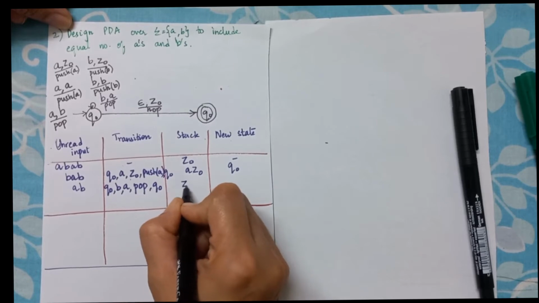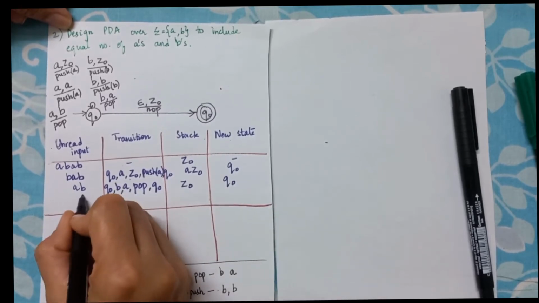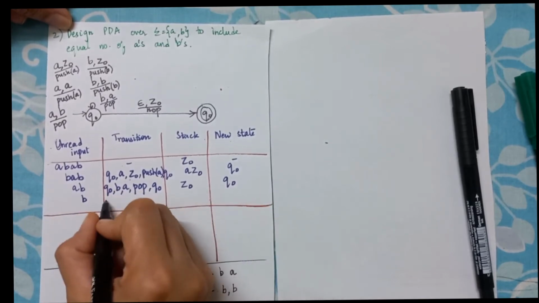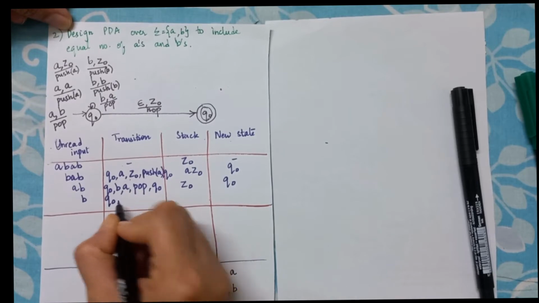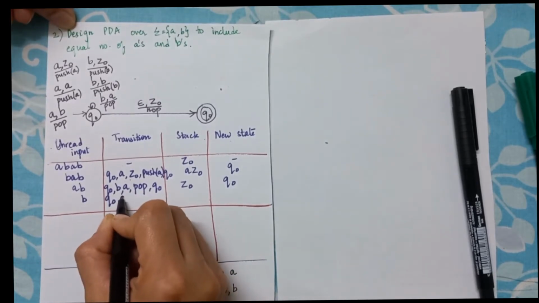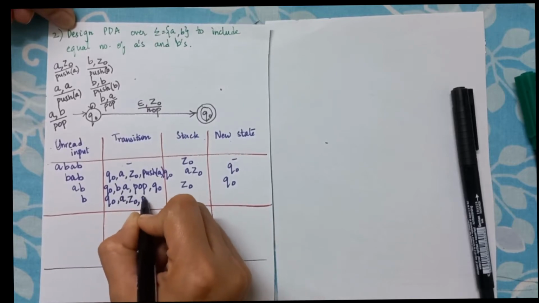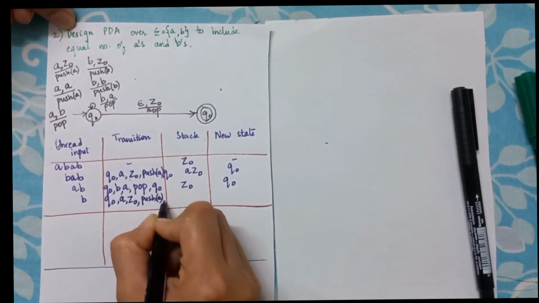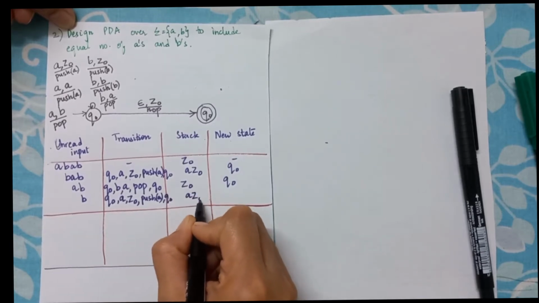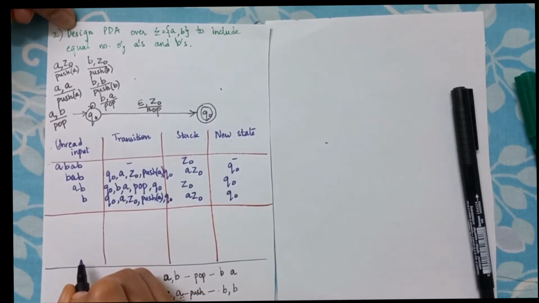When I pop, I am left only with Z naught, still at state Q naught. Then I'm reading an A. Again Q naught with A, and Z naught is the stack top. I push an A and remain at Q naught.